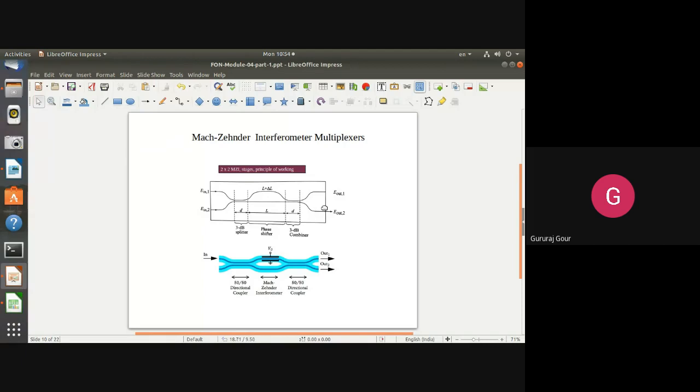Similarly, some components of these two rays, the electromagnetic field components, which are not in phase, or are out of phase, are destructively added, or subtracted, cancelling each other, and nothing will be coming out, zero signal, from E out 1. So therefore it is actually 2 is to 1 mux only. We are getting only one signal because of the constructive or destructive addition of these phase components.